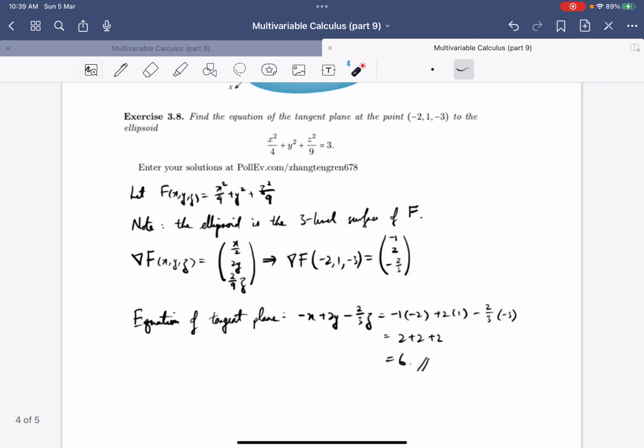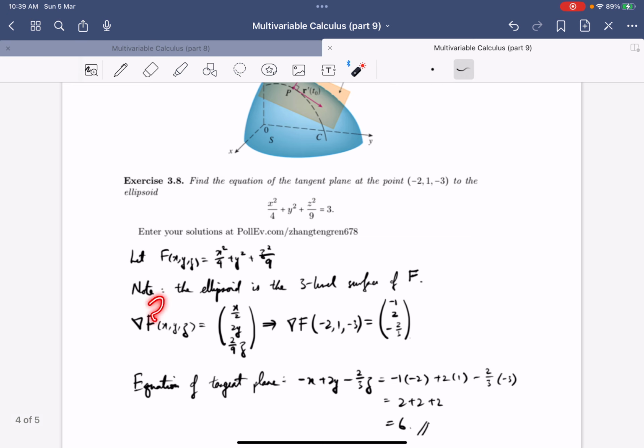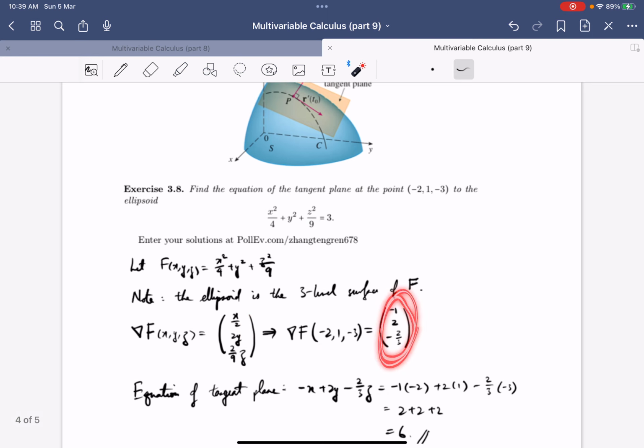Then you just let the function be this left hand side, and this will just be the level surface of the function. So we just need to find the gradient vector, differentiating with respect to x, y, and z respectively, and you get the following. Then you evaluate it at (-2, 1, -3), and you get this as the gradient vector. And because we know the gradient vector is perpendicular, this is actually just the normal vector.